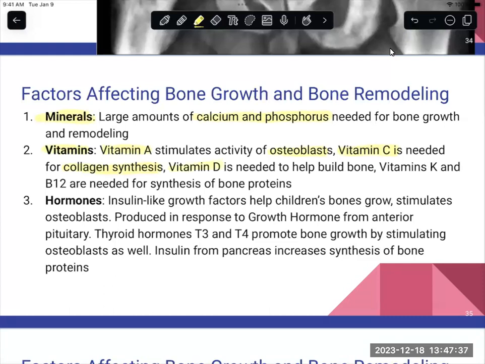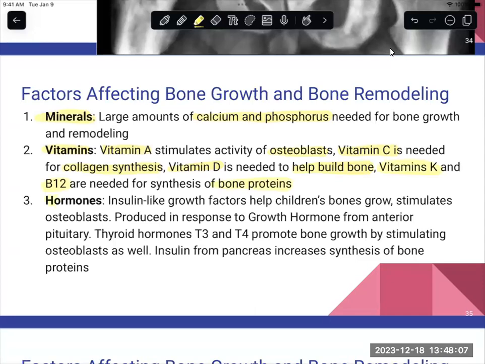Vitamin D helps to build bones. Here's a little tip: vitamin D is used to absorb calcium from your digestive system. Without vitamin D, we cannot absorb calcium. Can't absorb calcium, we can't build bones. Vitamin K and B12 help make different bone proteins.